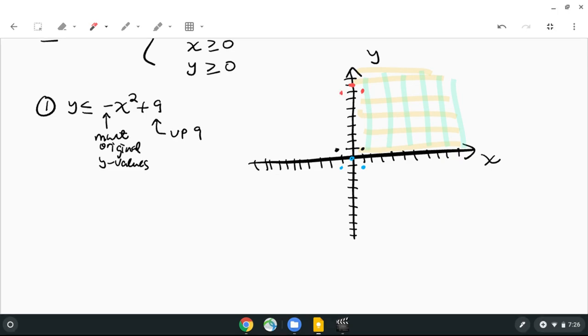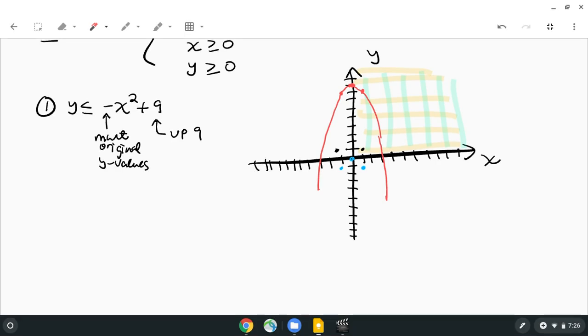And this is going to be a solid line. So it looks like this. There's my parabola.